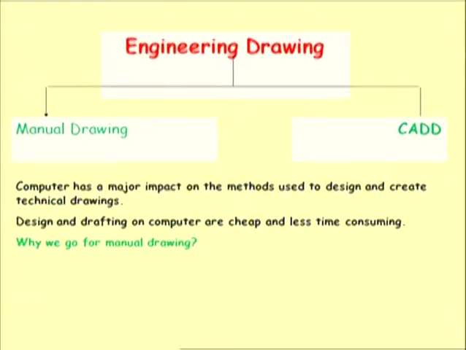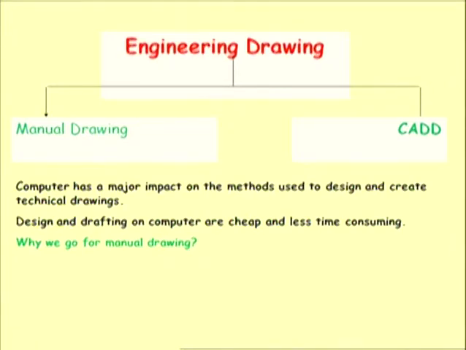Engineering drawing can be prepared in two different ways. One is the manual drawing. When computers were not invented, the only option left was to prepare the drawings manually. But now, as you know, computers have wide utility in different areas of engineering.